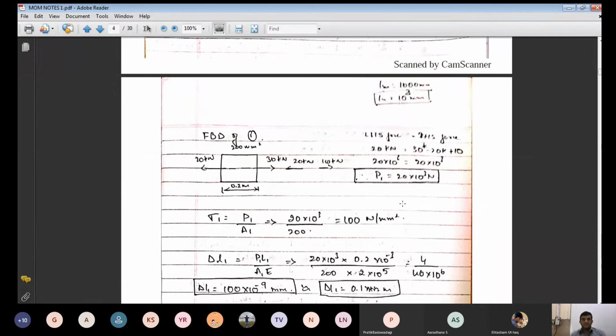You check your answer. Keep all the deformation also in millimeter only. Don't convert into meter.